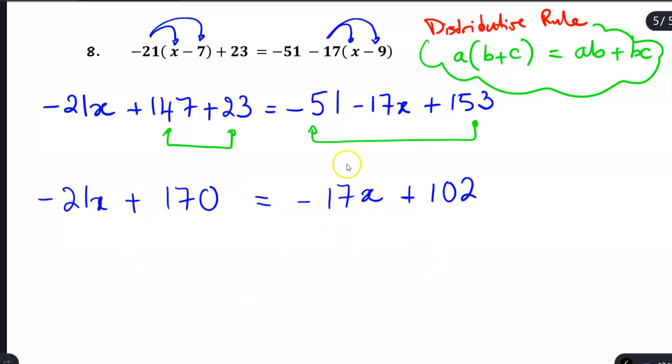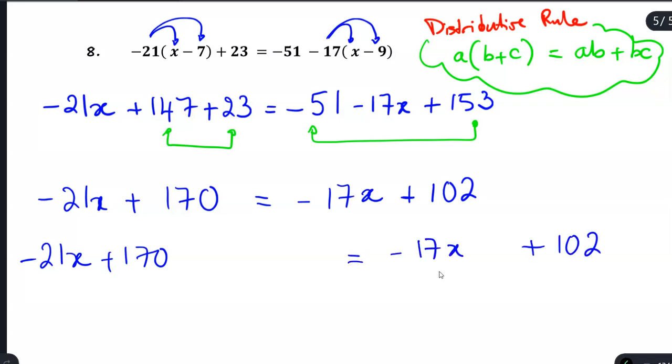Now up to this point, you want to get rid of negative 17x and you want to get rid of 170. So I have negative 21x plus 170. I will give myself some room. The first thing I do is add 17x. So I will add 17x on this side as well.